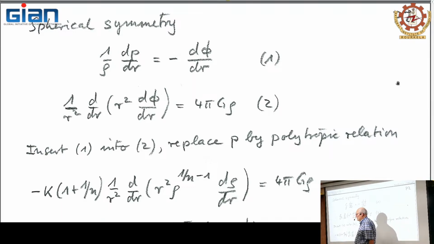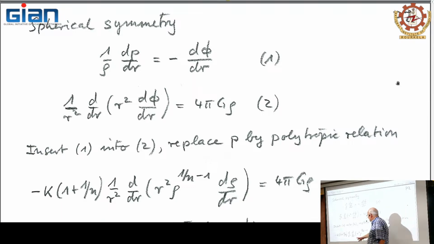Then we have an equation which depends on the density and the pressure gradient. Now we insert the polytropic relation. We replace the pressure by a power law in terms of the density. Then we are left with the following equation.